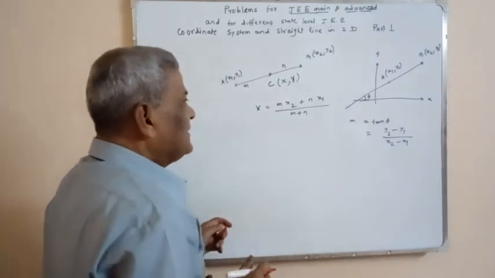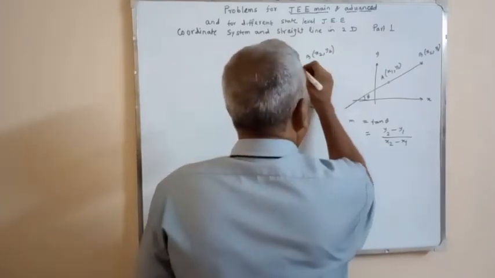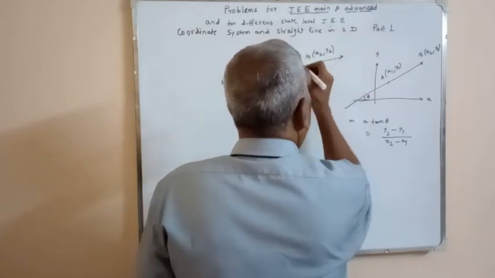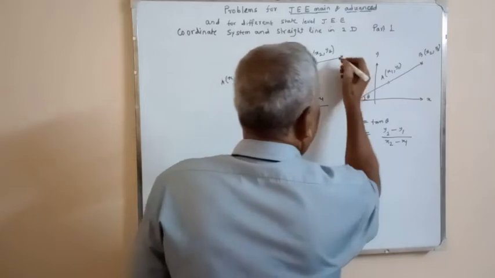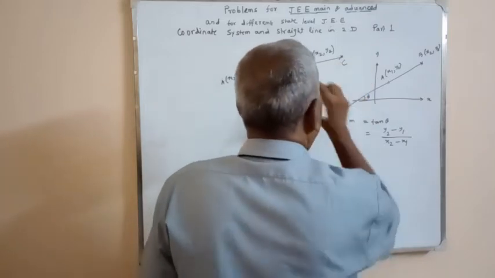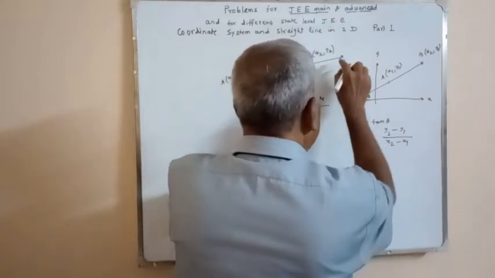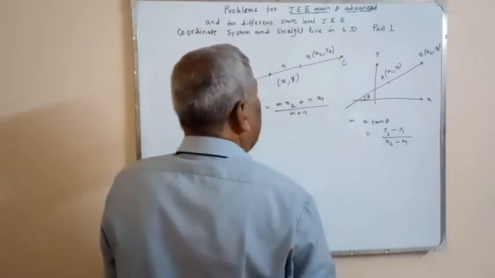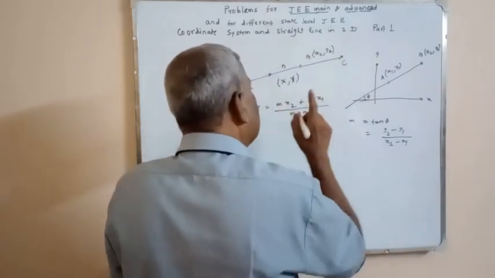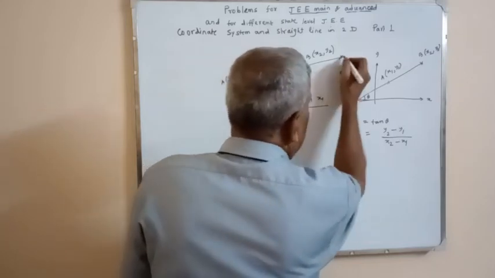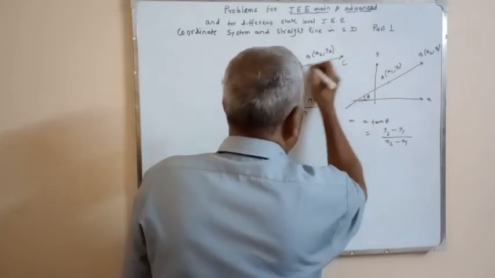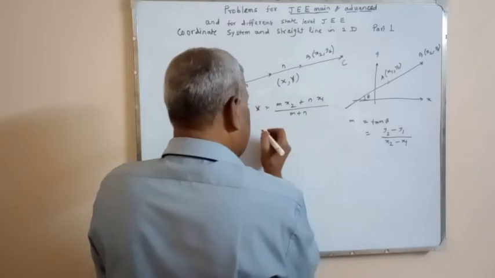If C is a point outside AB, that is externally, C divides AB externally in the same ratio m is to n. M means from this to that it is m, and n is from this to that.